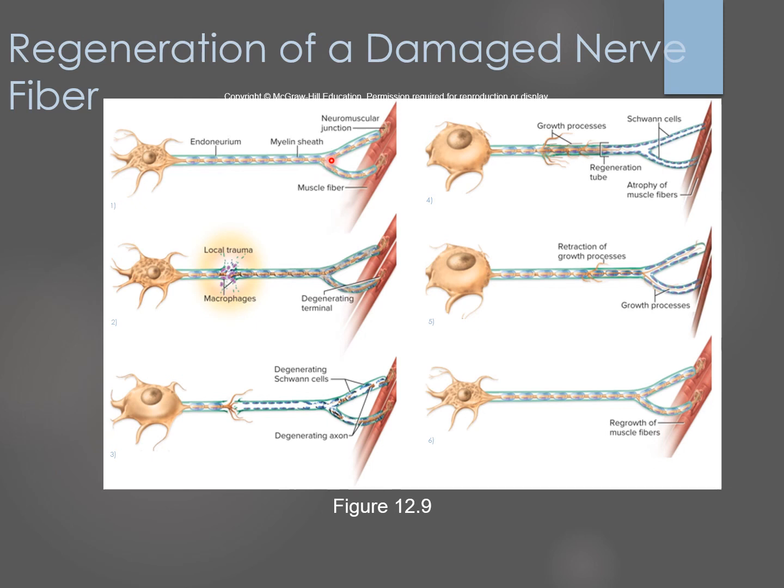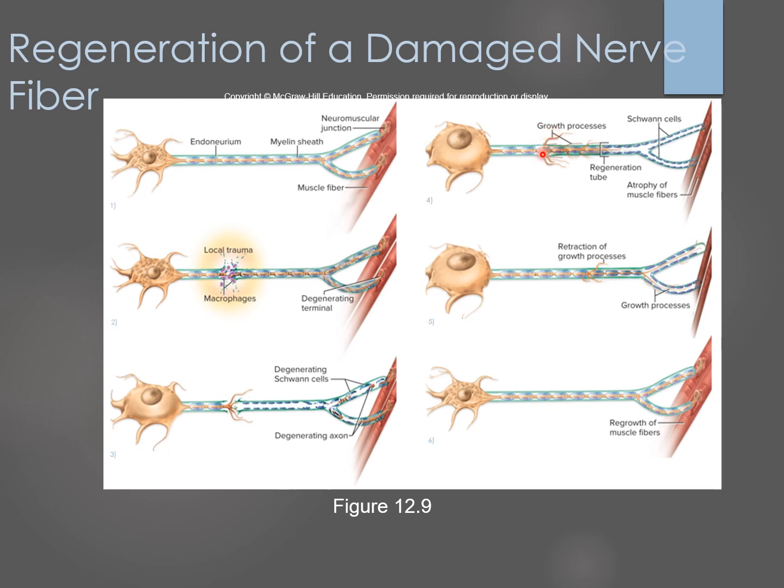Here you can see a neuron intact, normally functioning. Then we have a trauma. And so here we have the cleanup of the mess. And we see that anything distal to that injury is going to degenerate. But we are developing growth processes.